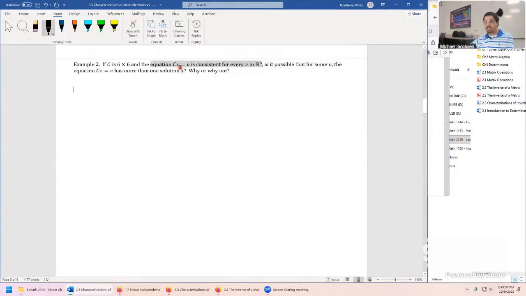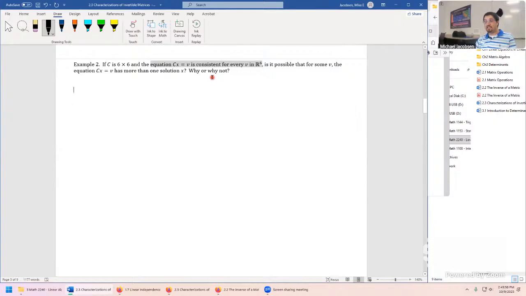Checking the dimensions, yeah, x would have to have 6 rows for that multiplication to be compatible. And because it's square, the codomain is R6. It asks, is it possible that for some vector v, the equation Cx equals v has more than one solution x? Why or why not?